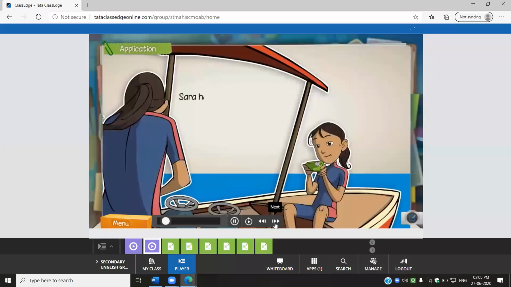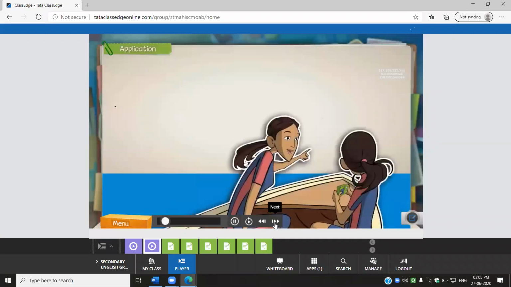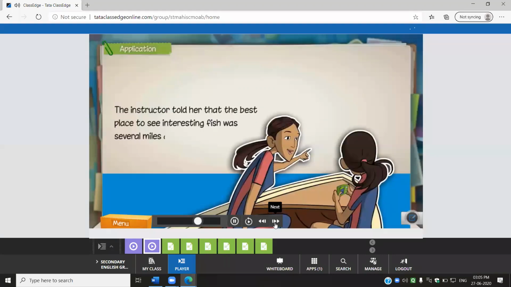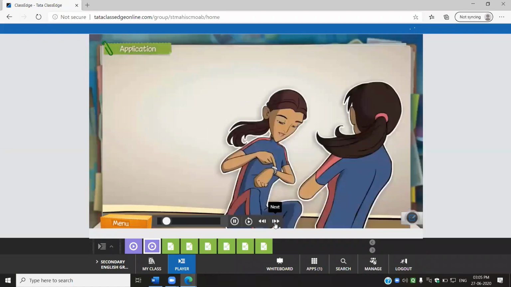Sarah had carried an underwater camera and was excited about using it. The instructor told her that the best place to see interesting fish was several miles away. It would take almost an hour to get there.